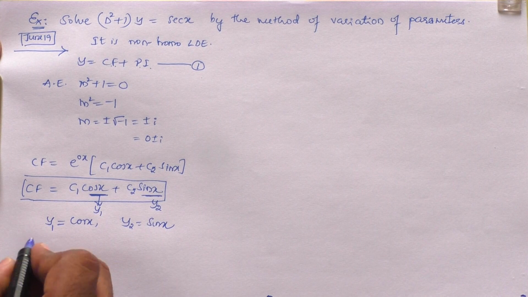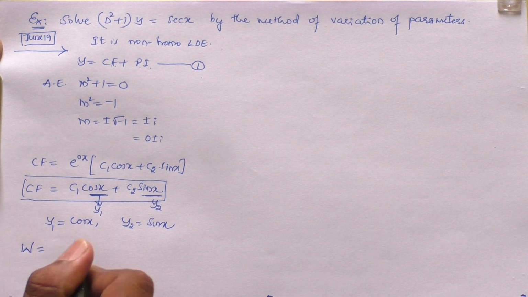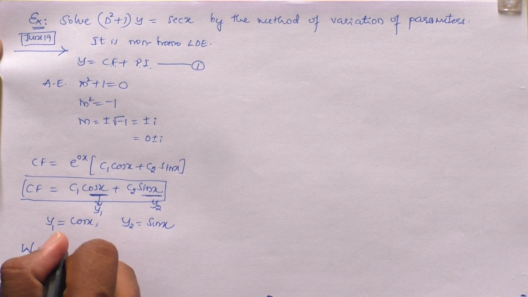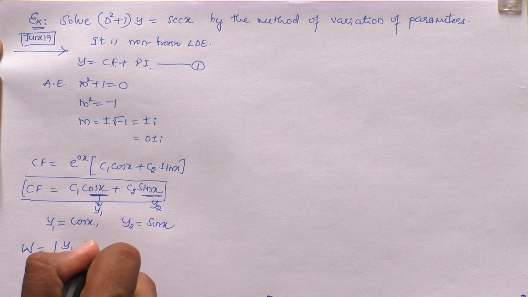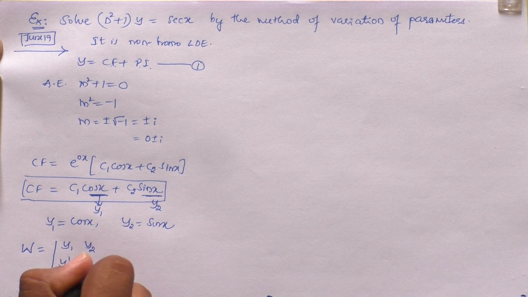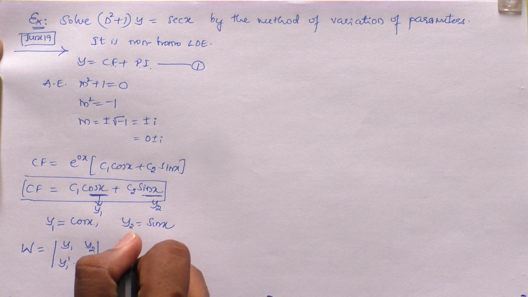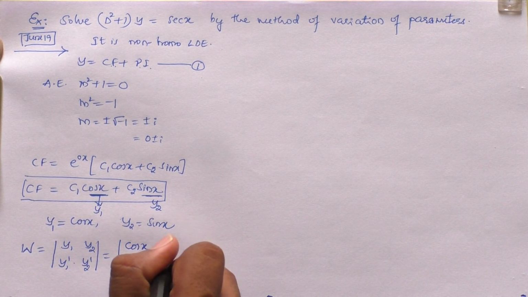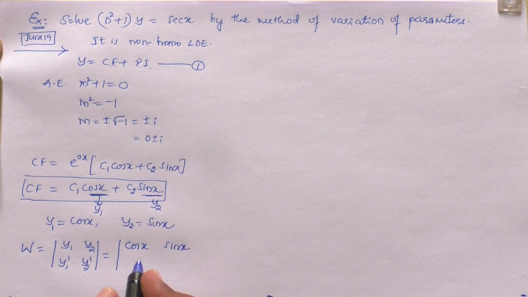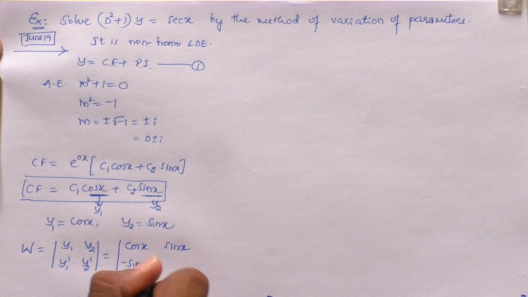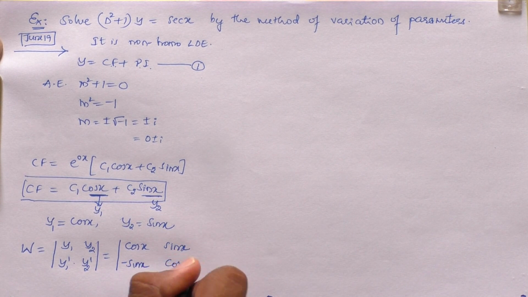Once you get y1 and y2, find W. W is the determinant of y1, y2, y1', y2'. Here y1 is cos x, y2 is sin x, the derivative of cos x is minus sin x, and the derivative of sin x is cos x.